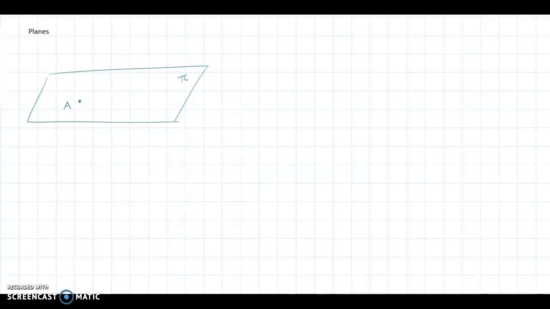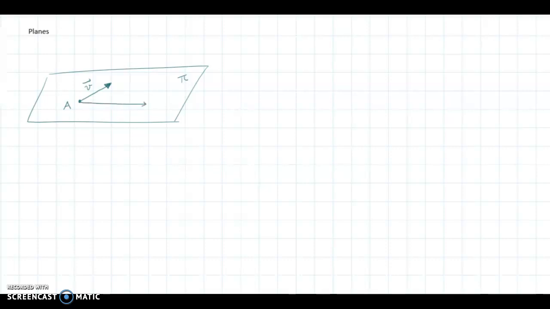I call it A, and also that I know two vectors, and we're going to say that they are vectors parallel to the plane. That means that if we move along them, once we start on a point that is on the plane, we stay on the plane. So we want two such vectors. One of them I'll call V, and the other one W. I'm going to use A as a starting point of those vectors, and the condition that I want is that those two vectors V and W are parallel to pi, but they are not parallel to each other.